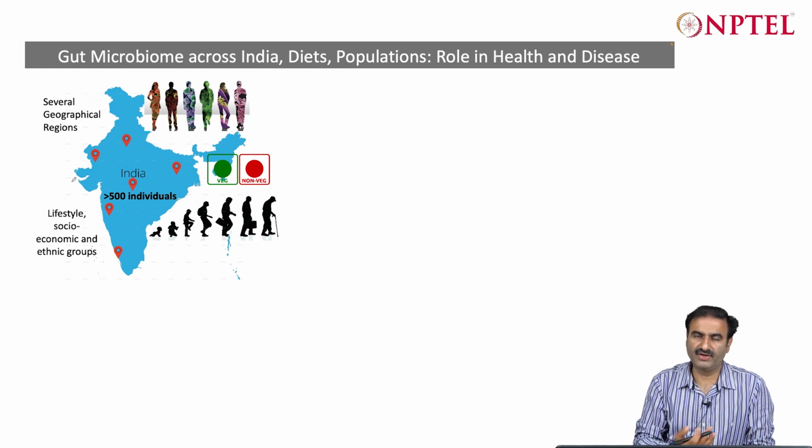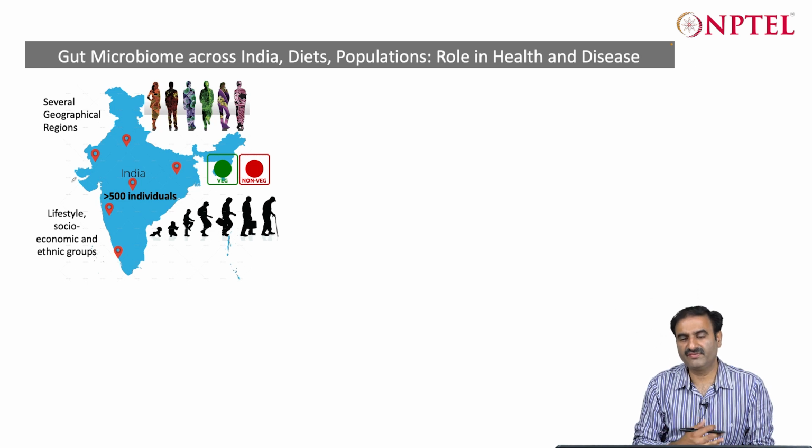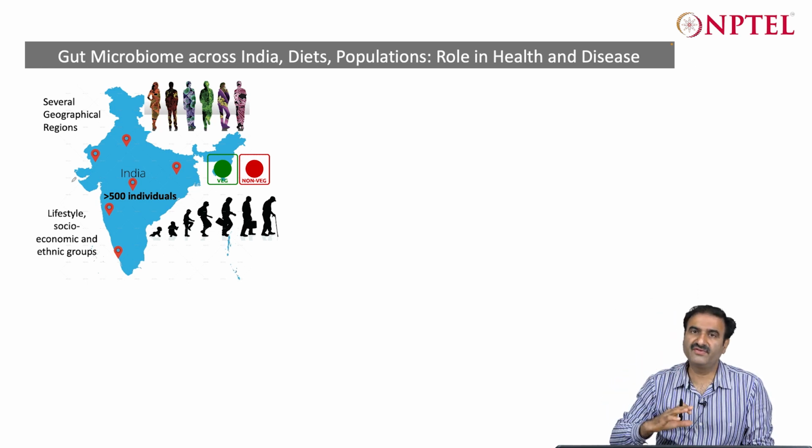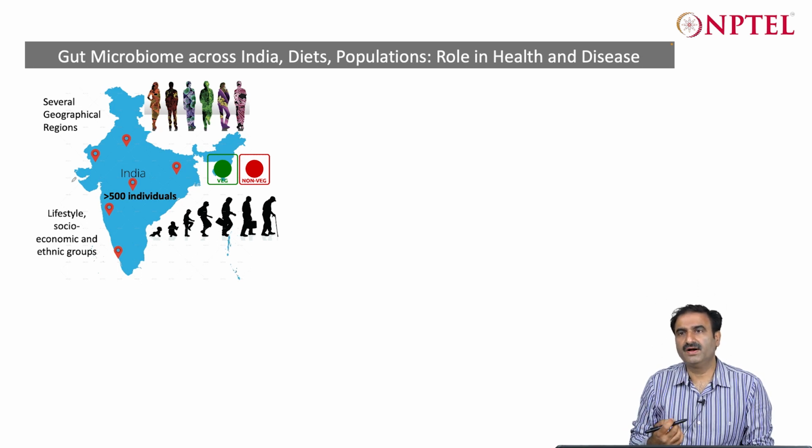Whenever you cross borders, your diet is different, age difference is there, veg, non-veg different. So many factors impact the net gut microbiome, but still there exists a core gut microbiome which is important, which is basically the marker for that population, and also tells you how those microbes in their healthy state contribute to human health.